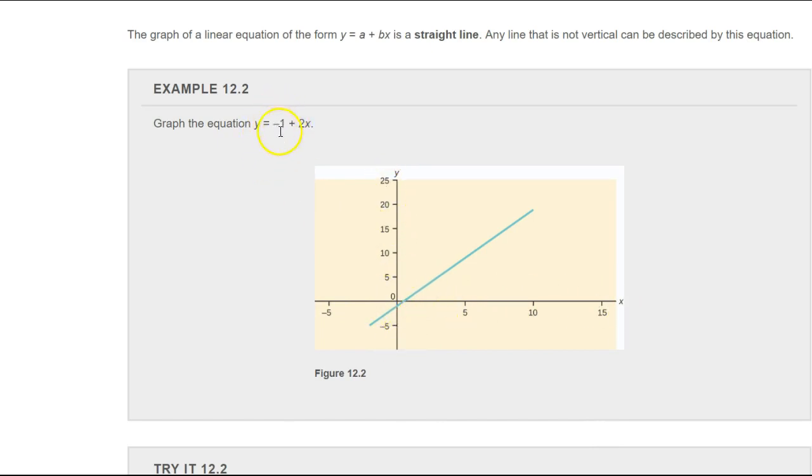Where it crosses the y-axis is called the y-intercept. So it crosses at negative 1. These are all the negative numbers, those are all the positive numbers. And the 2 that's in front of the x is our slope. It's how steep our line is. If it is a positive slope, like positive 2, it is going to go upward. If it is a negative slope, it is going to go downward. So that is a quick refresher about lines.